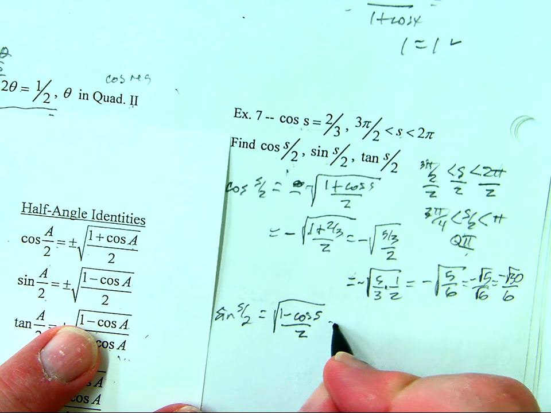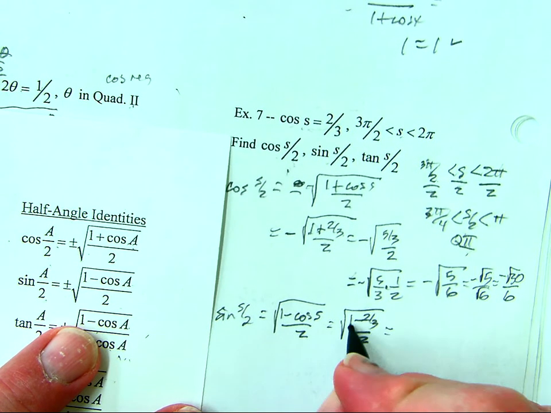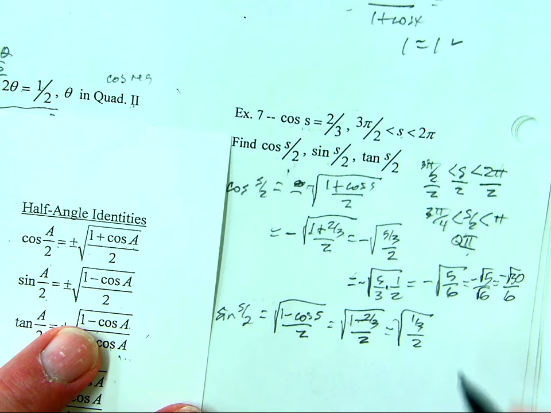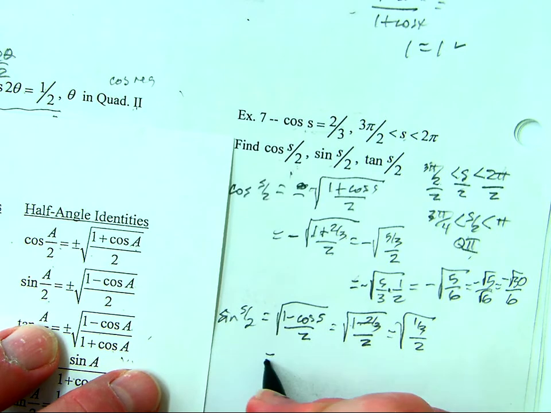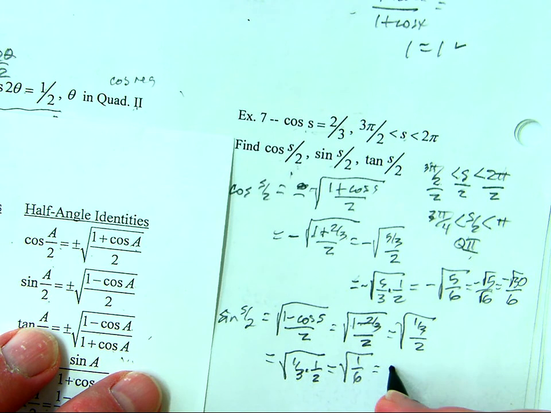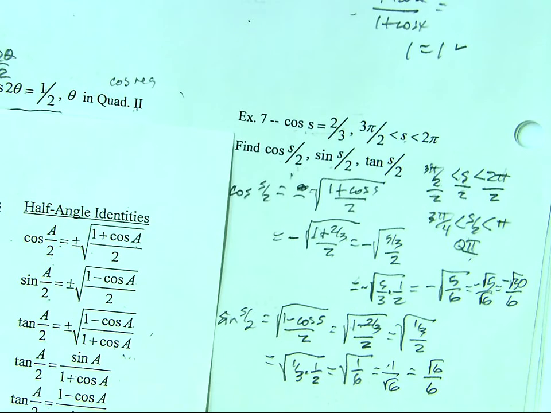Again, we know cosine s is 2/3, so we have 1 minus 2/3 over 2. Well, that's 3/3 minus 2/3 is 1/3. So it's 1/3 over 2. Now if we take the top times the reciprocal of the bottom, that's the square root of 1/6, which you could make 1 over the square root of 6, or if you take top and bottom times radical 6, it'd be radical 6 over 6. Any of those are good answers.